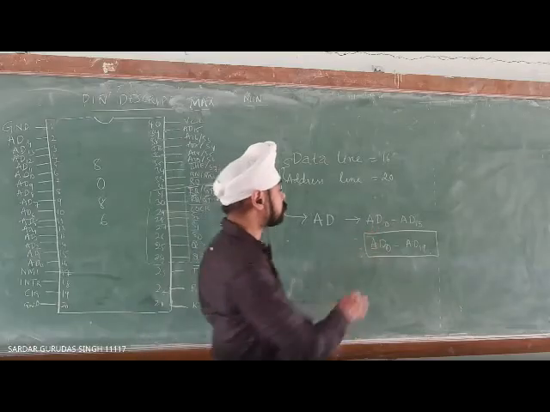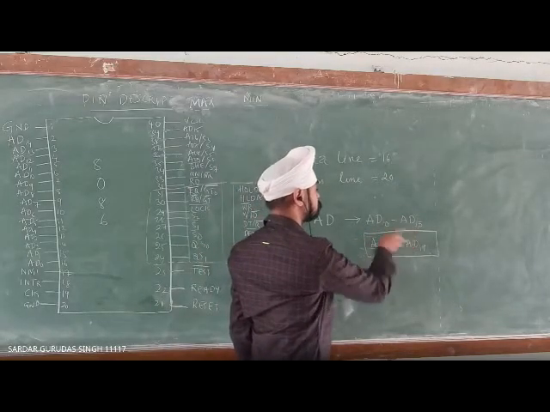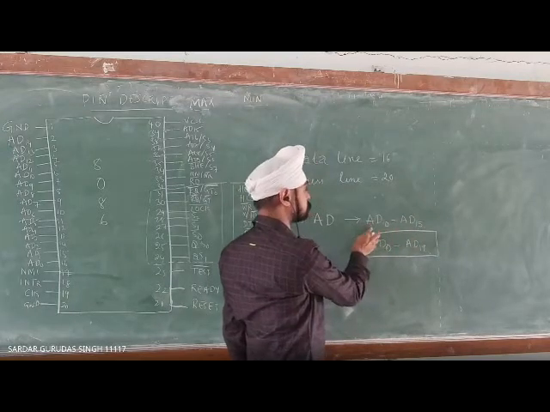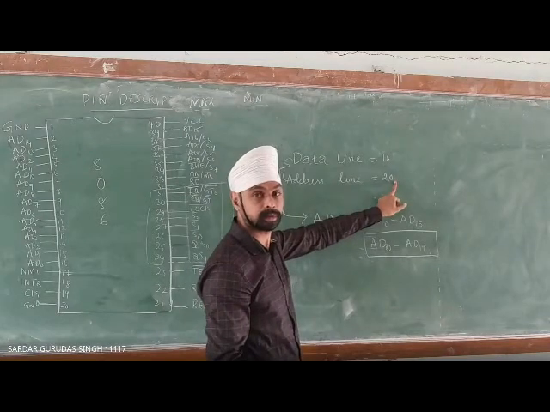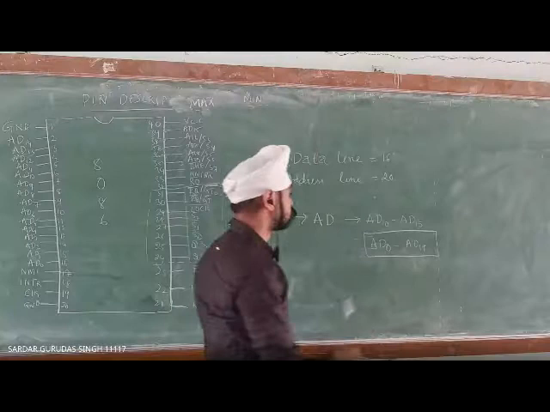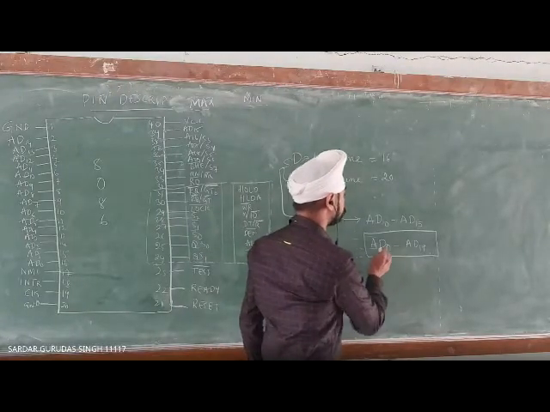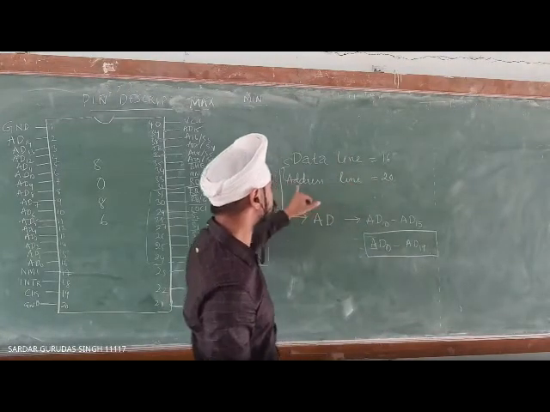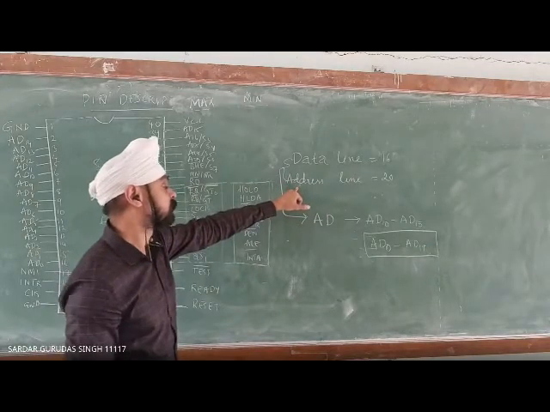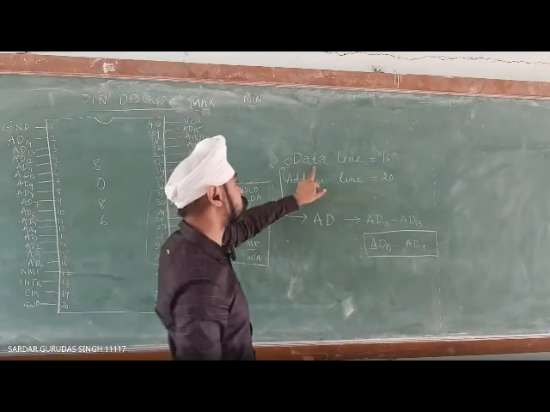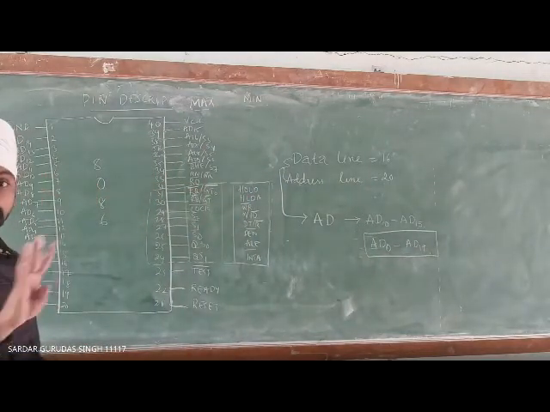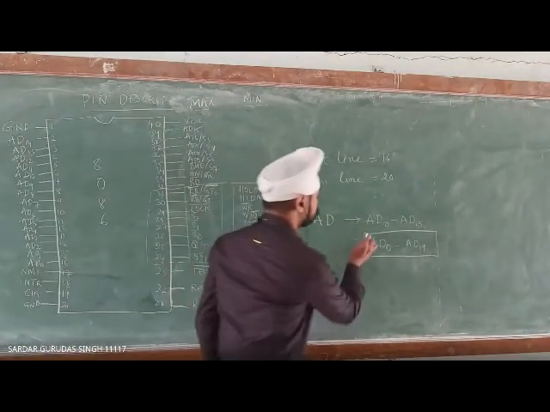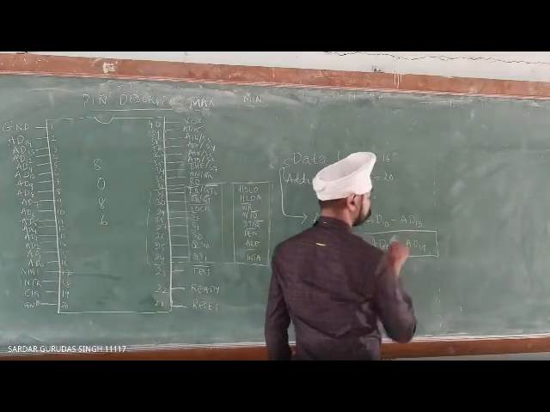So you can combine a maximum of 16 data lines only with the address lines. But how many address lines do you require? 20. So you have an extra 4 lines that you require for sending the address, whereas you require only 16 data lines. That is why we are combining from AD0 to AD15.